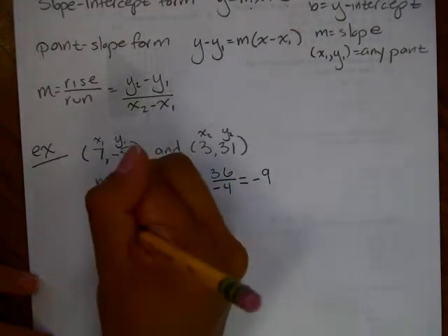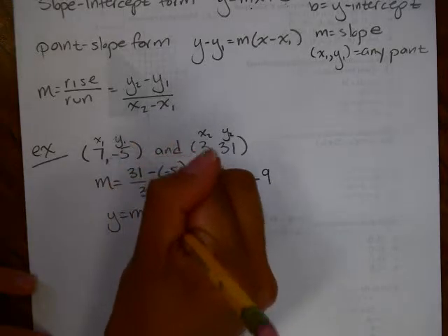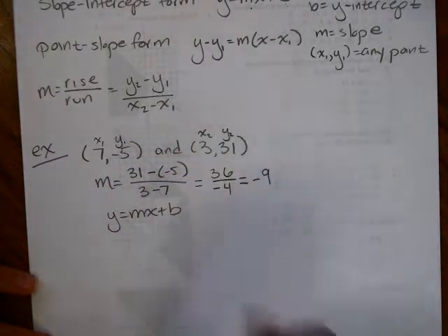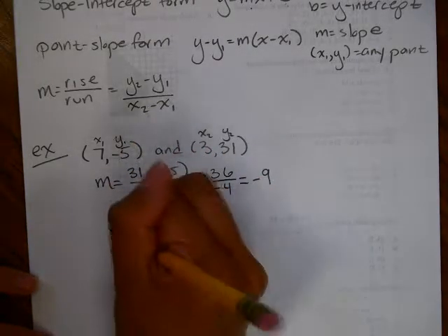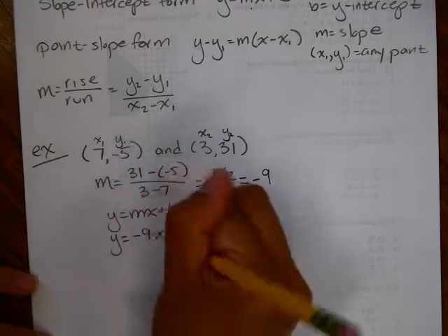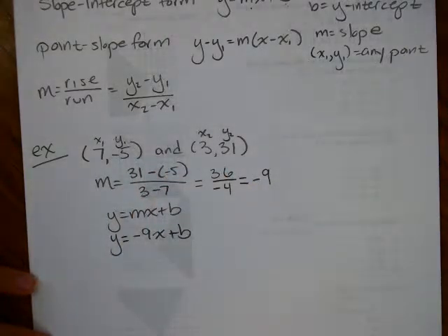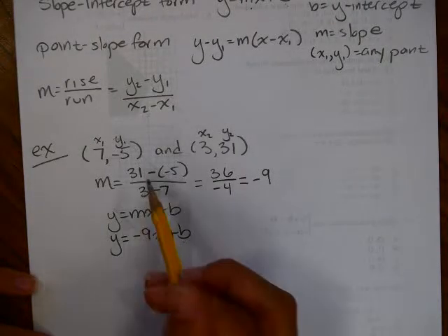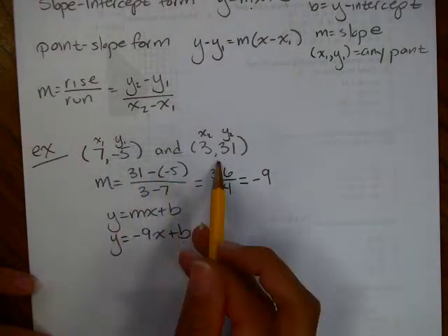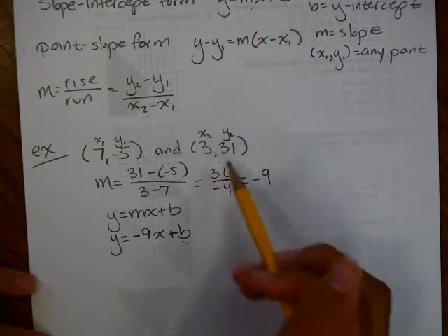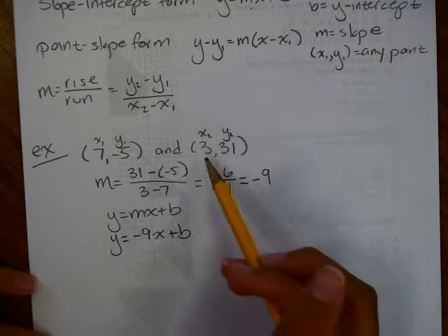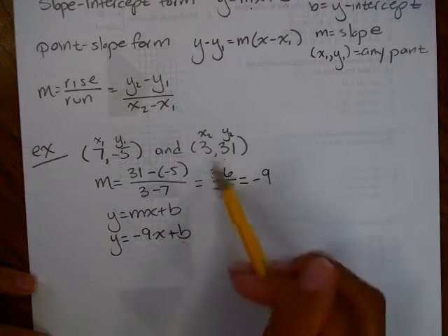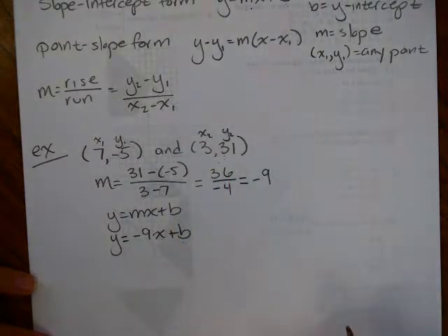So now we know from y equals mx plus b, we know our m. So y equals negative 9x plus b. We still need to find the y-intercept. And at this point, you could use either point. It doesn't matter. Let's use this one since our numbers are positive. And we're going to plug the 3 in for the x and the 31 in for the y.